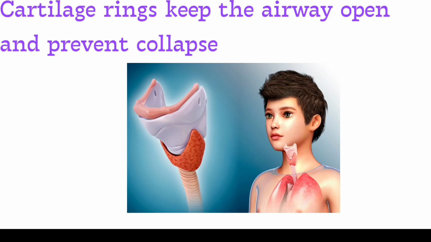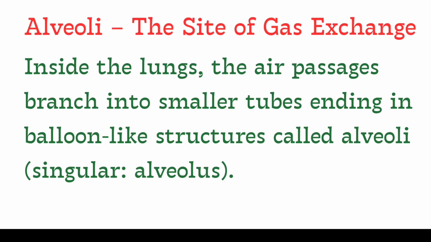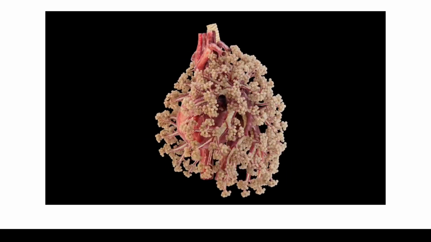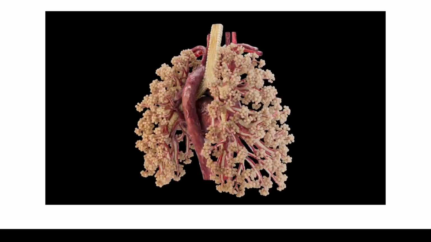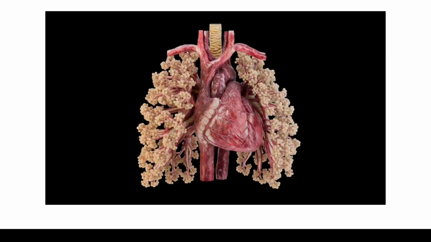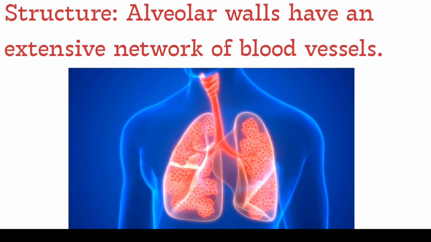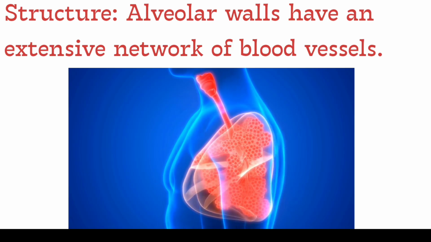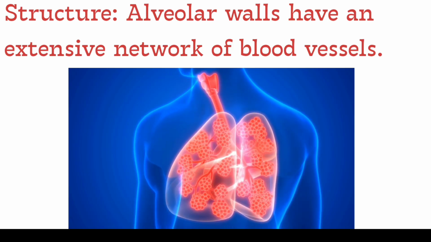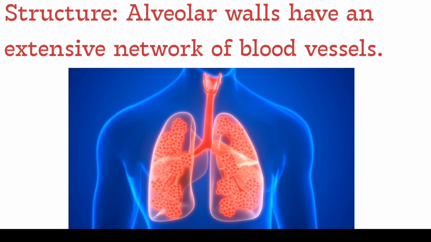Deep inside our lungs, the airways branch out into tinier and tinier tubes, ending in millions of tiny balloons called alveoli. These little balloons are magical, and they give us the surface where oxygen and carbon dioxide can swap places, and their thin walls are wrapped in a rich network of blood vessels.